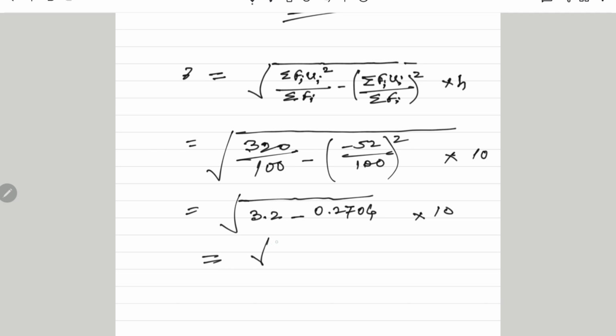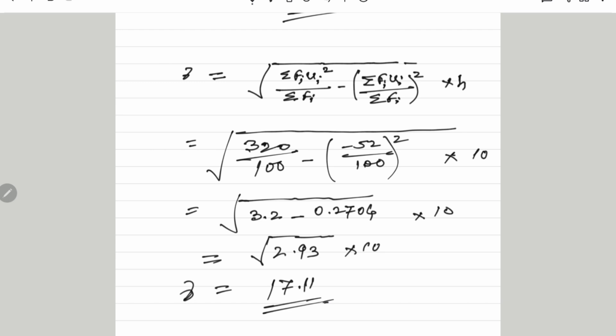Nothing but square root of 2.93 into 10. If we take the square root of 2.93 and multiply it by 10, we get that value as 17.11, checked by calculator. Therefore, this is the standard deviation.